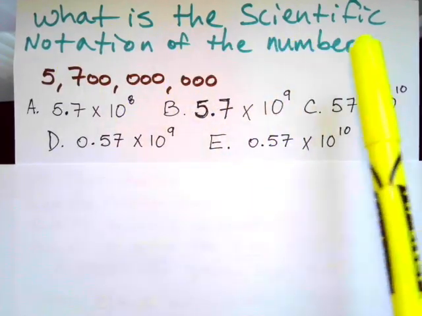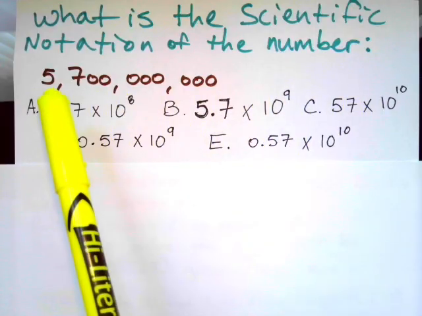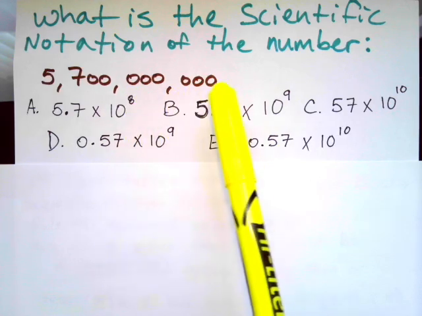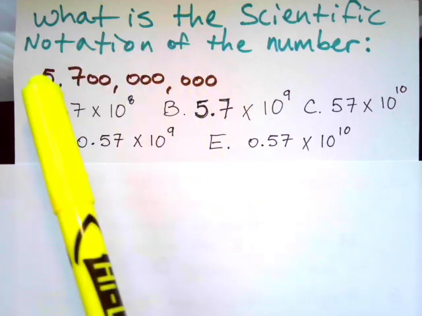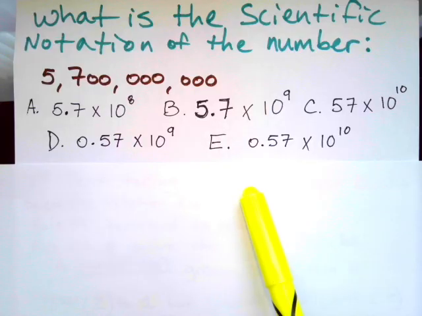What is the scientific notation of the number 5,700,000,000? And so that's the purpose for scientific notation. Typically, you're taking an extra large number and writing it in a simplistic form, or a super small number and writing it a little bit more simplistically.